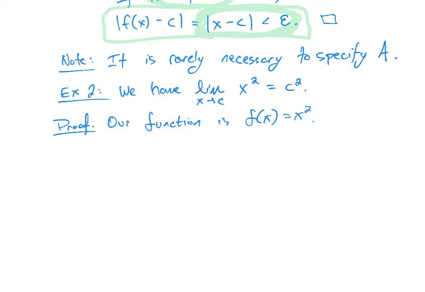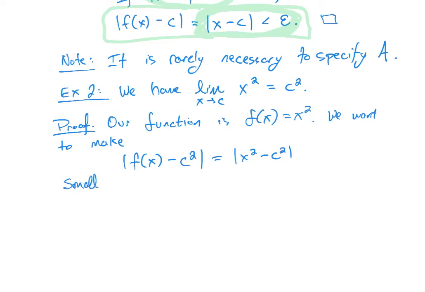Okay. So, what do we want to make small? We want to make |f(x) - c squared|, which is the same thing as |x squared - c squared|, small. Specifically less than epsilon, but I'm not going to mention epsilon right now because we haven't set it up.